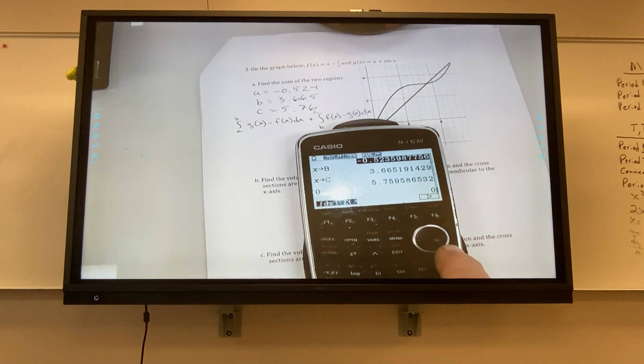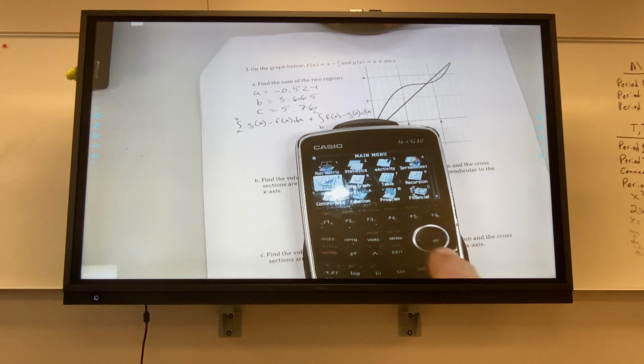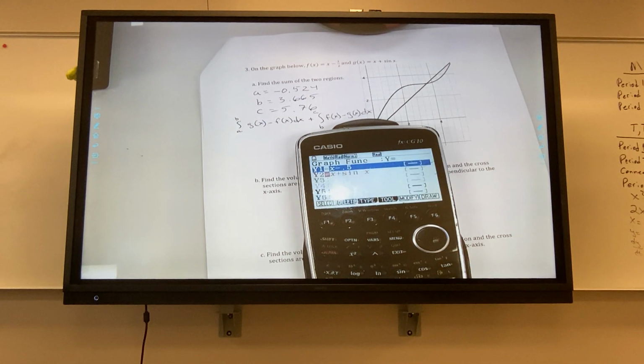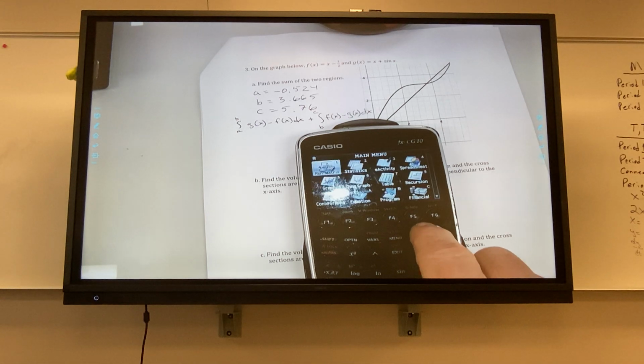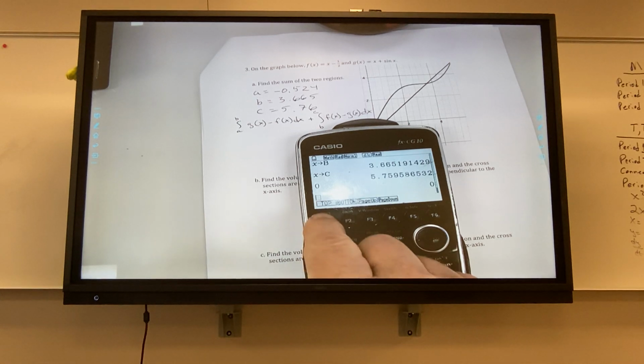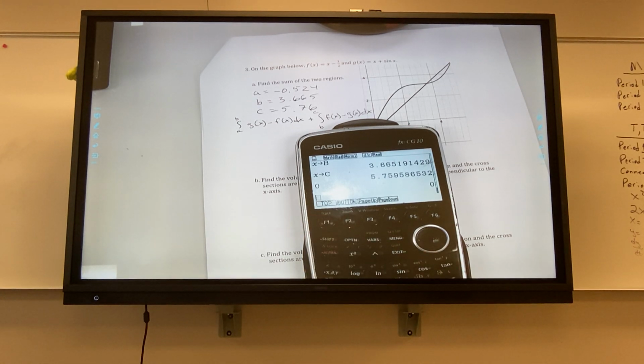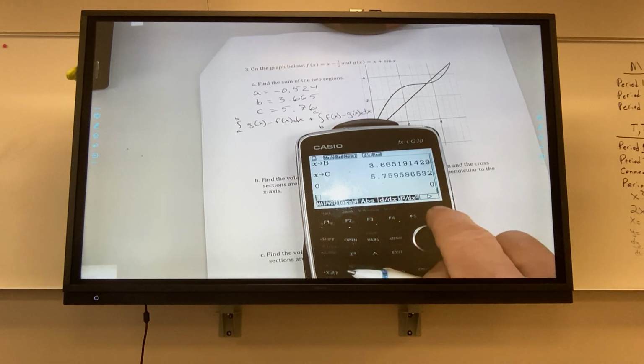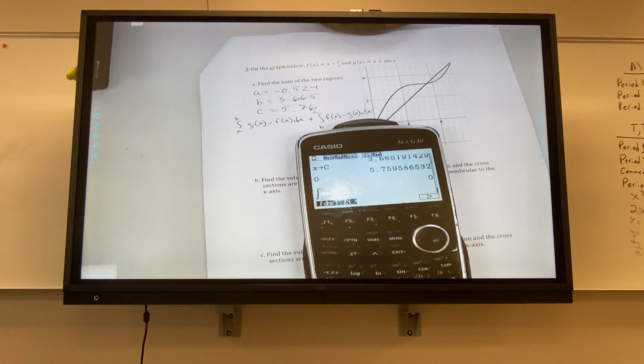Well, I don't like that. Where's my button? Doesn't work. My 9 works. My delete button works. There we go. Oh, that's weird.